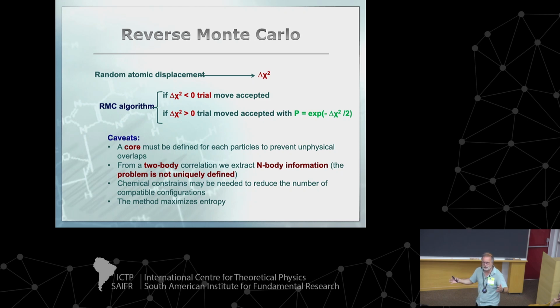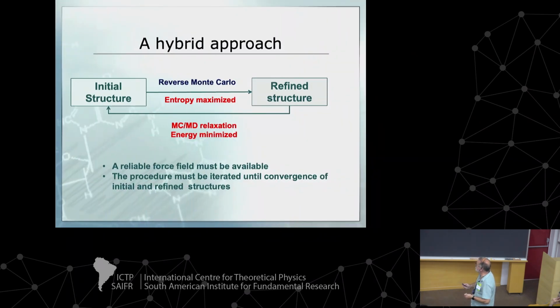Because the only thing that you are actually doing is moving the particles, trying to fit a function. And with all the possibilities that you can use to fit the function that is a pair function, that means it contains only information about pairs, right? It will maximize the entropy. So it will give you the most disordered structure possible. But you have to live with what you have, right?